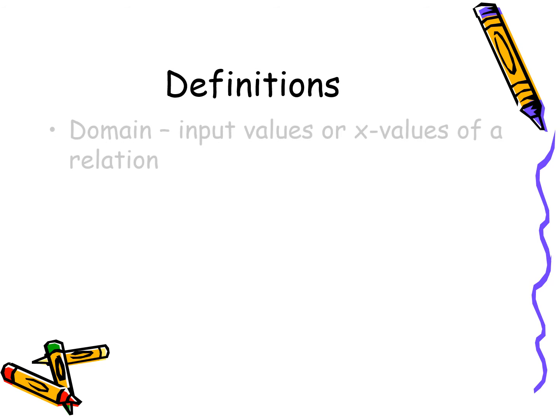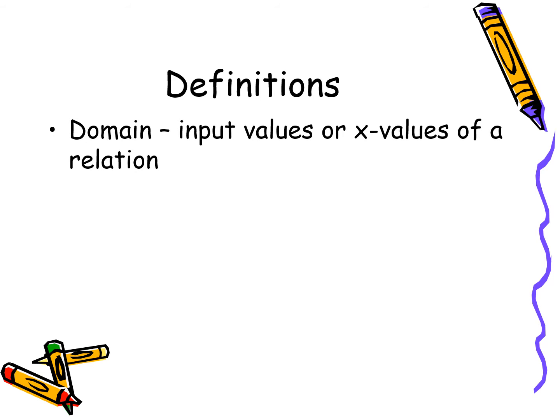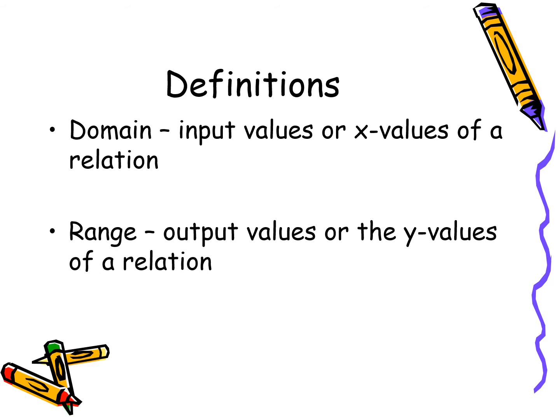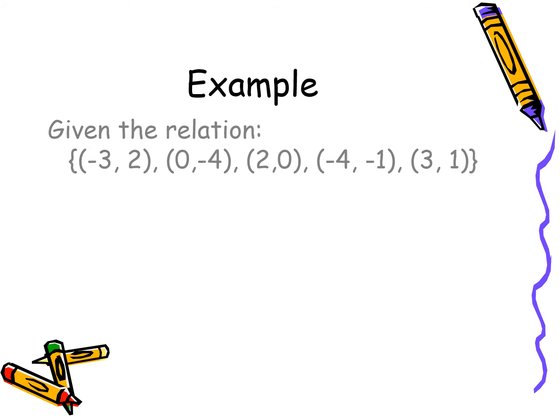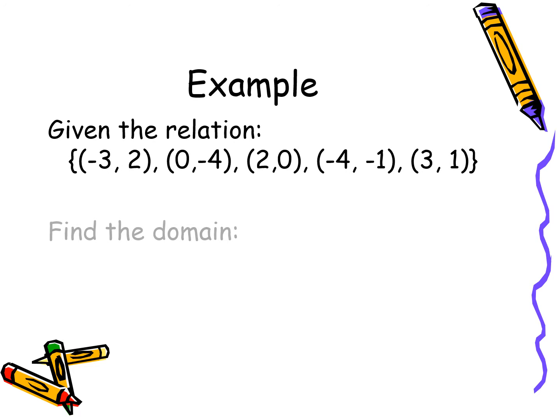Here's some more definitions for you. Domain is the set of all x values. The range is the set of y values. So if you're given a set of ordered pairs and you want to find the domain, you would list all of the x values.